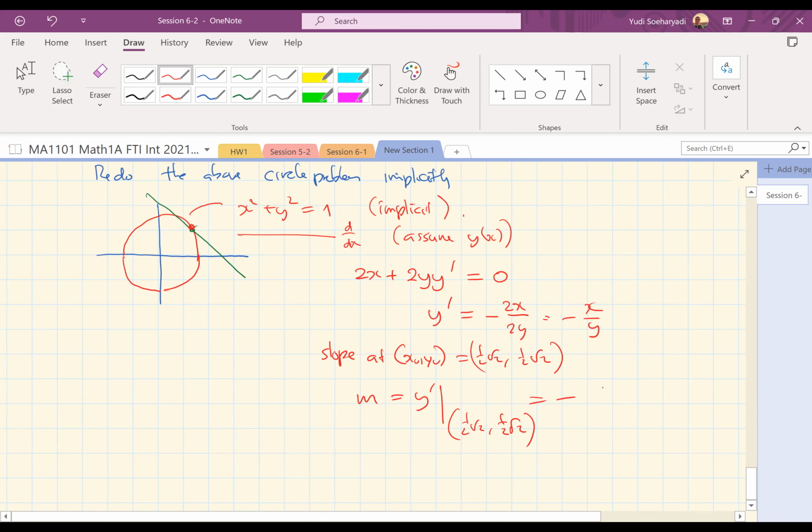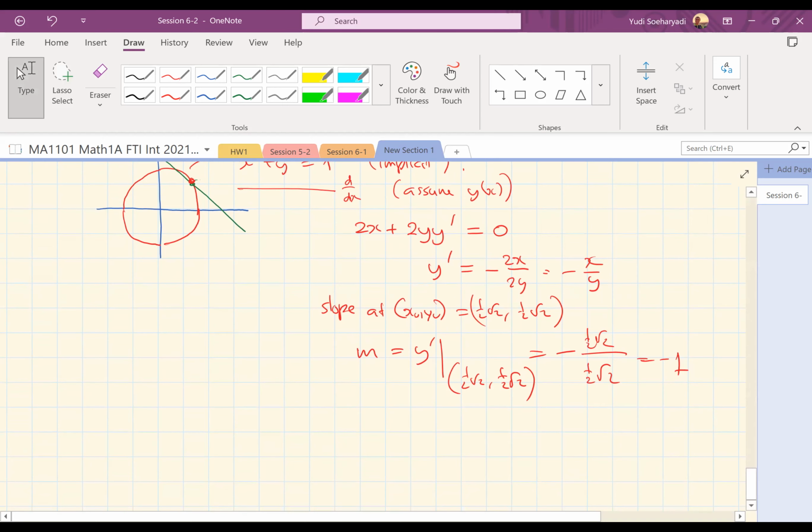You plug in the numbers, which gives negative 1.